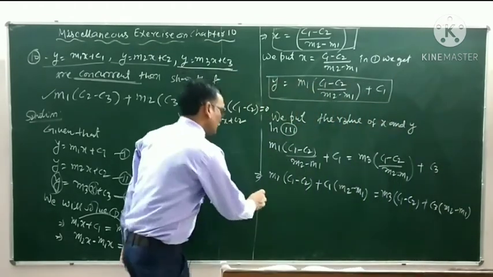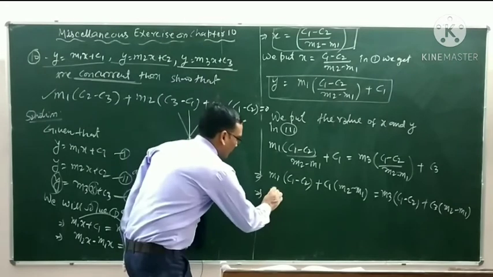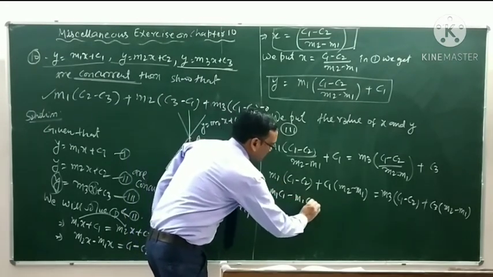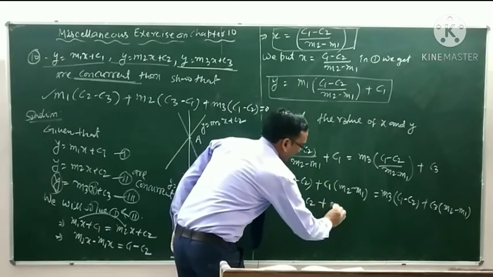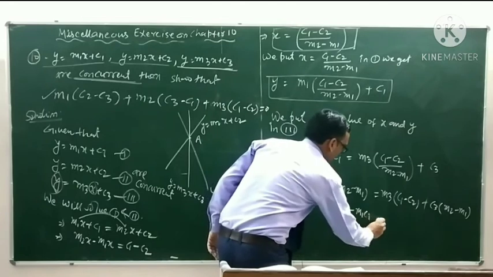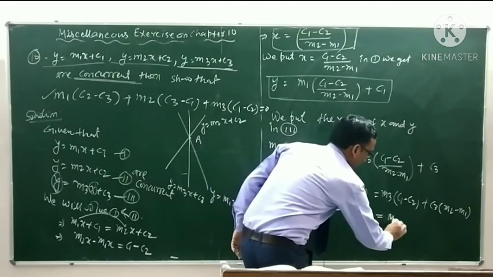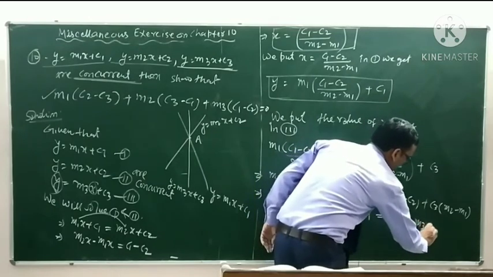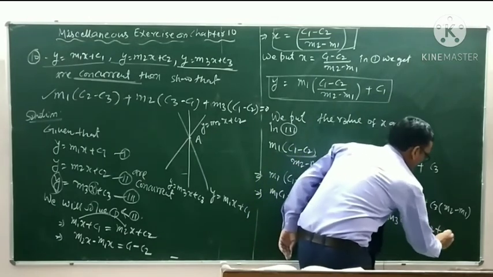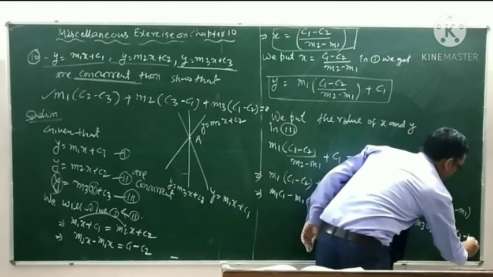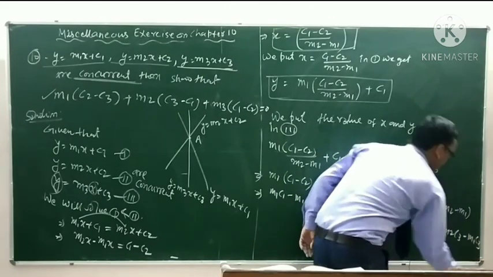Okay students, this implies that m1 c1 minus m1 c2 plus m2 c1 minus m1 c1 is equal to m3 c1 minus m3 c2 plus m2 c3 minus m1 c3.